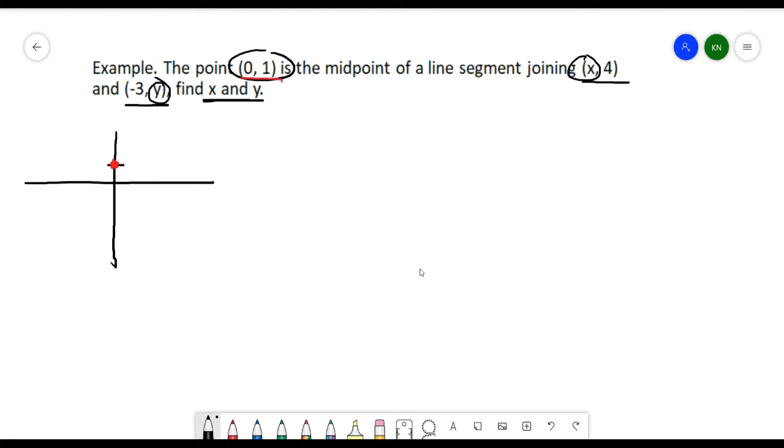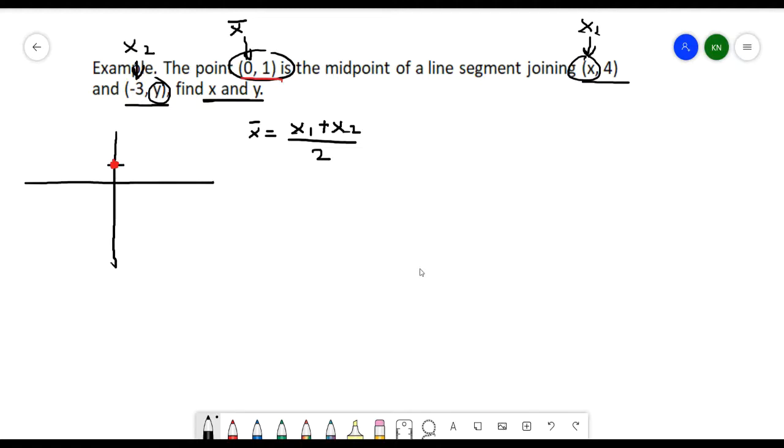So from that, since we know the formula of our midpoint, for the x, we have x is equivalent to x sub 1 plus x sub 2 all over 2, right? So this is our midpoint of x, and this is our x sub 1, and negative 3 is our x sub 2.